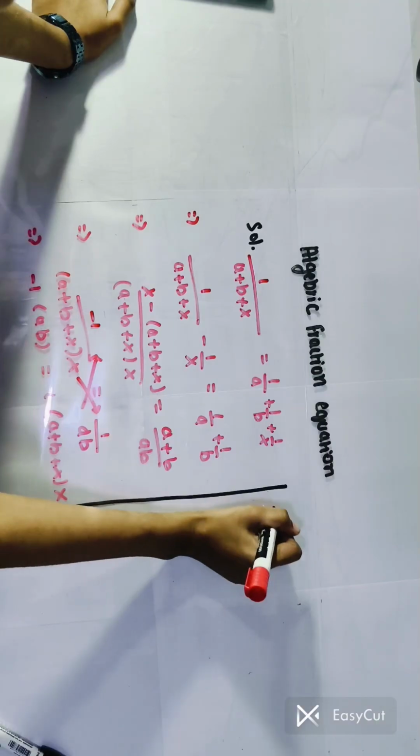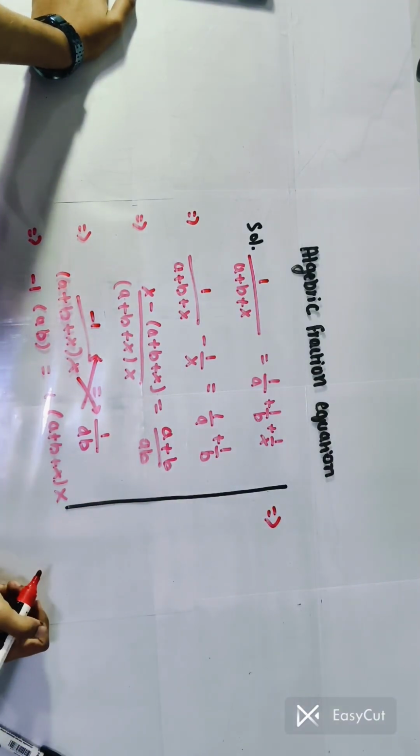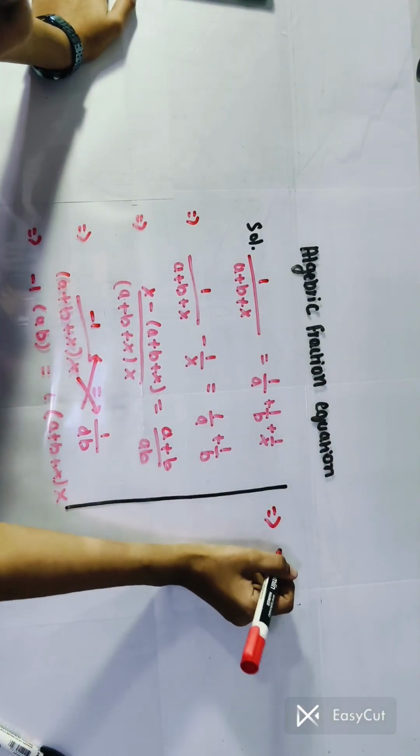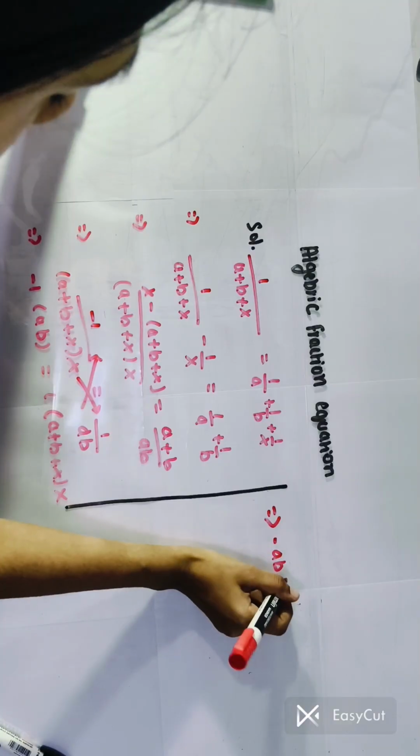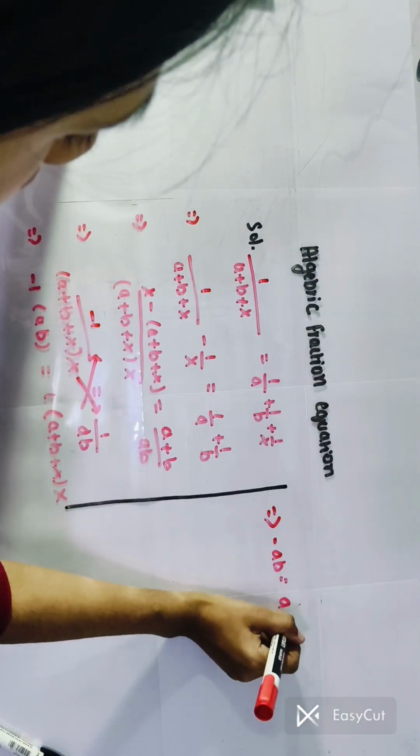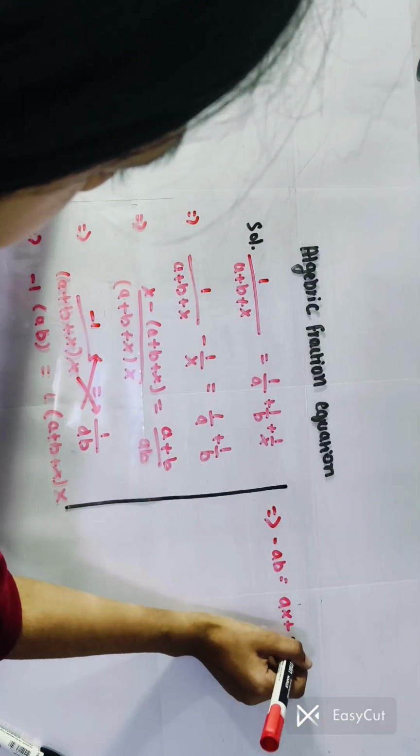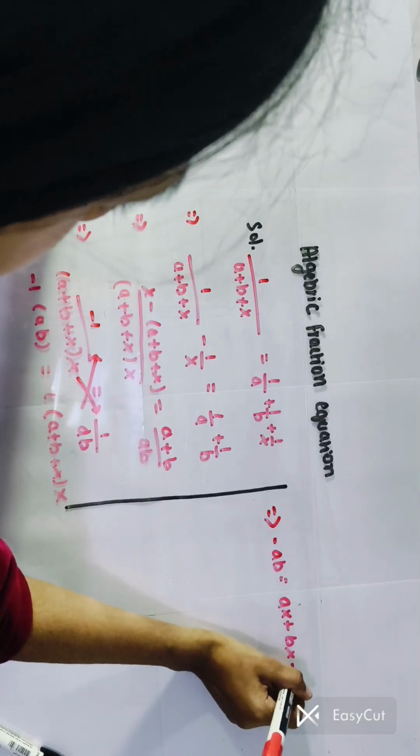Here I'm writing the next steps. Now we just need to simply multiply it. Minus ab equals ax plus bx plus x.